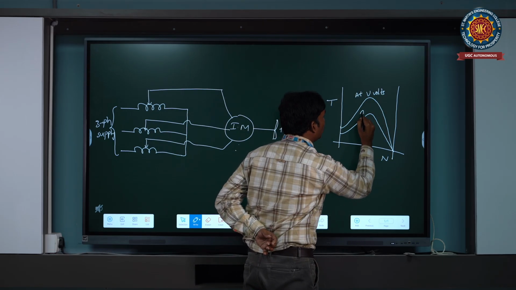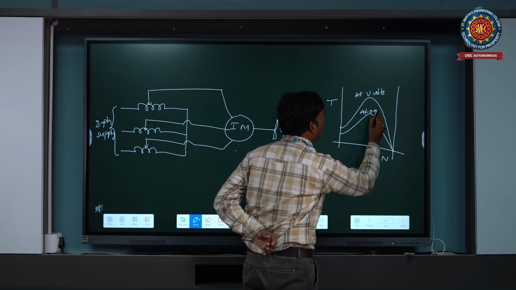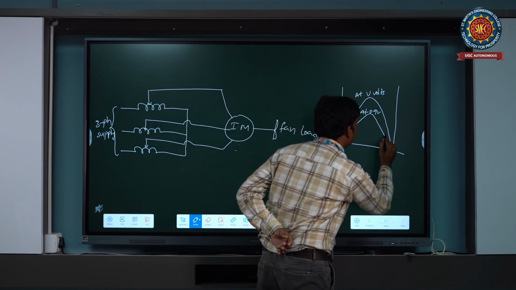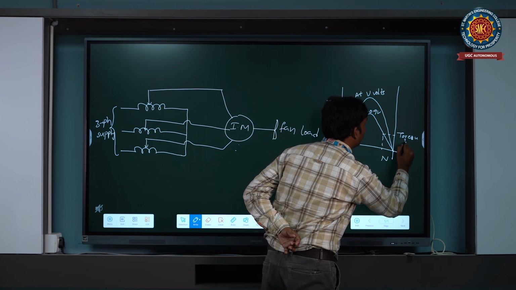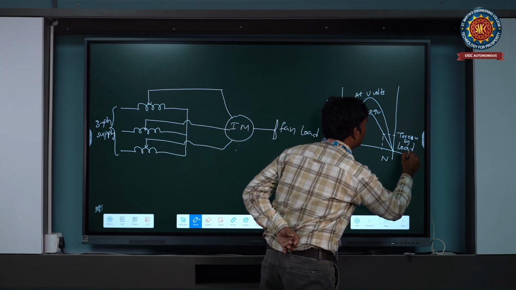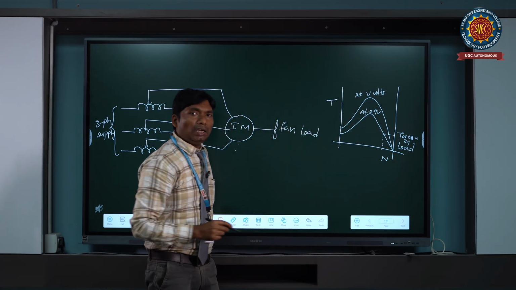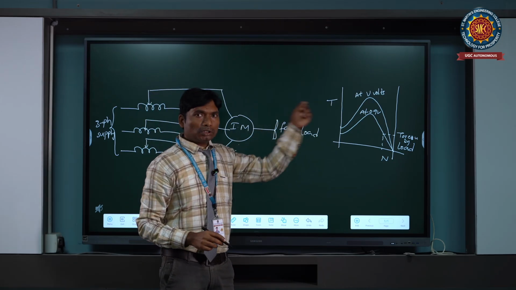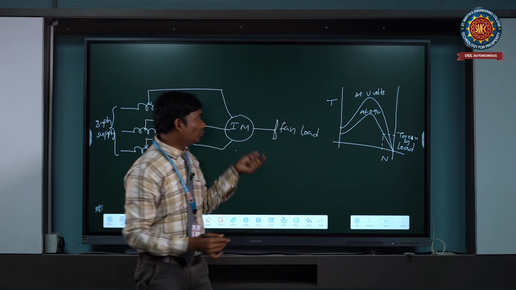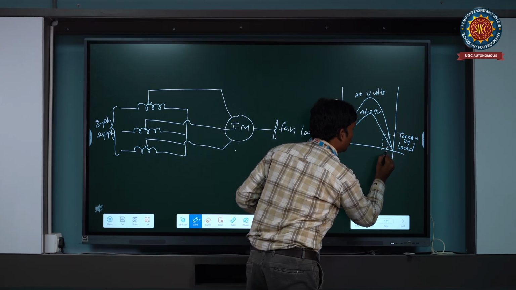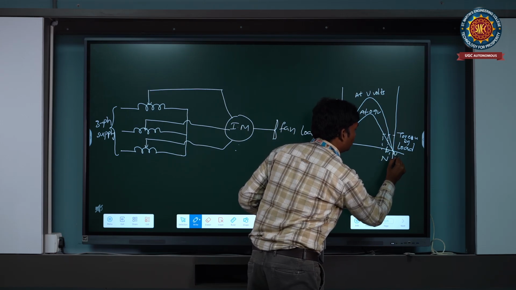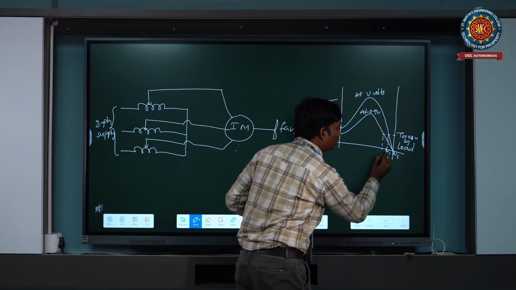This one is at 0.9 V. This is the torque developed by the load. When I am applying V volts by varying the three-phase auto transformer, the speed of the induction motor is, assume, N1. This is Ns, this is N1.